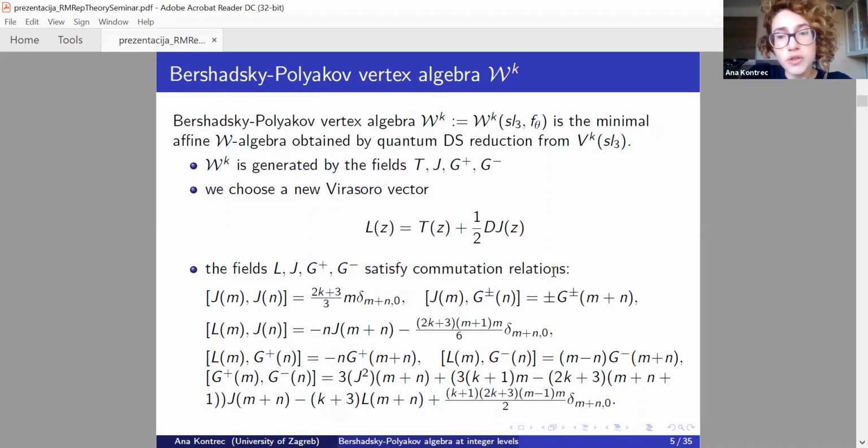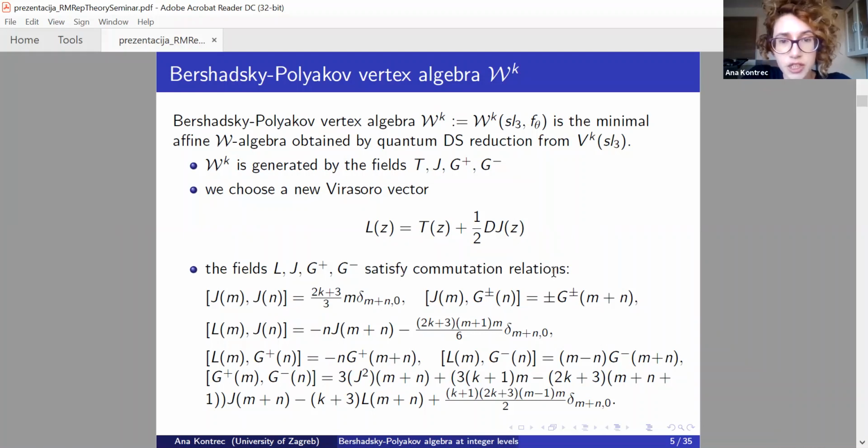From the structure theorem that we saw before, we know that the Bershadsky-Polyakov algebra is generated by four fields. We have two generators, G plus, G minus, of weight 3/2. We have the Heisenberg J, and we have the Virasoro T.